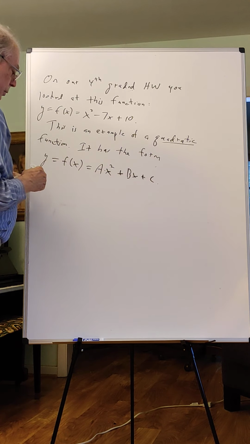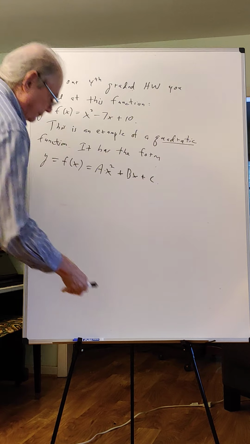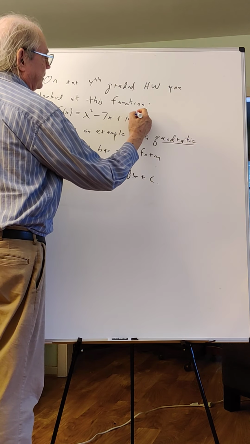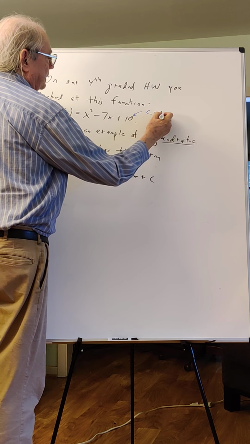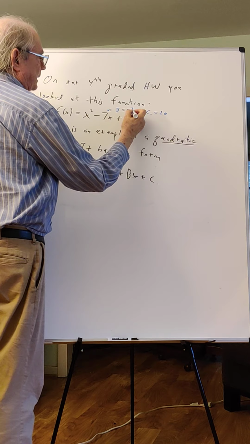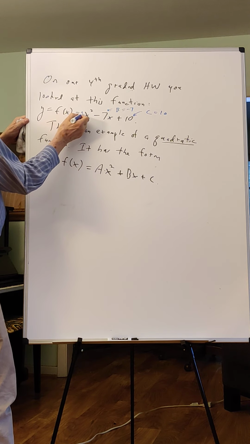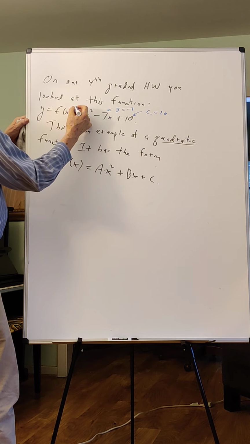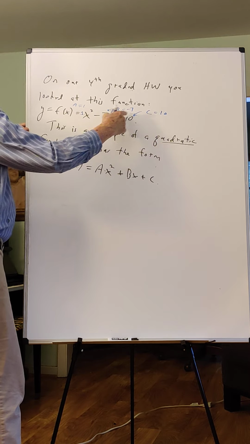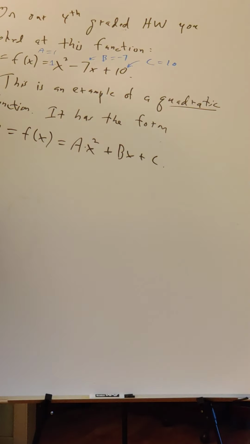So in this example, c is 10 and b is negative 7, and we can write x squared as 1 times x squared, so a is 1. So a is 1, b is negative 7, c is 10.